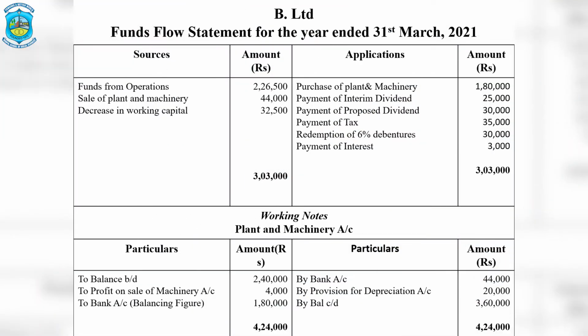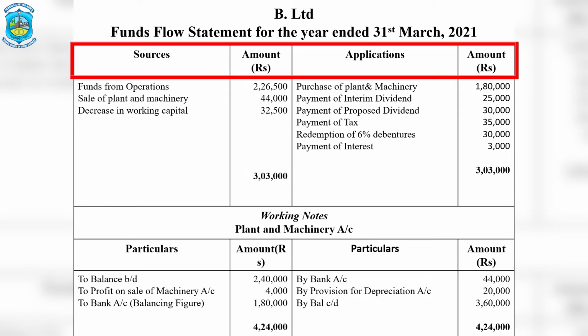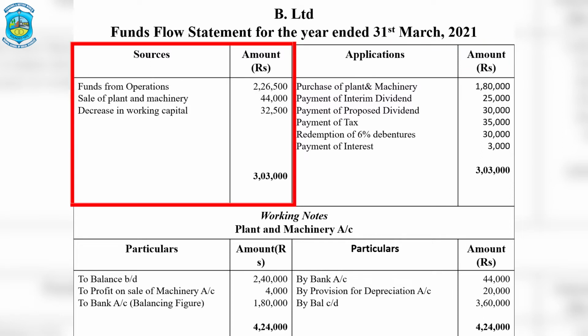Now students, we will understand how to prepare this funds flow statement for the year ended 31st March 2021. As far as this funds flow statement is concerned, there are two sides. The first side is called sources and the second is application. First of all, let us understand the sources.